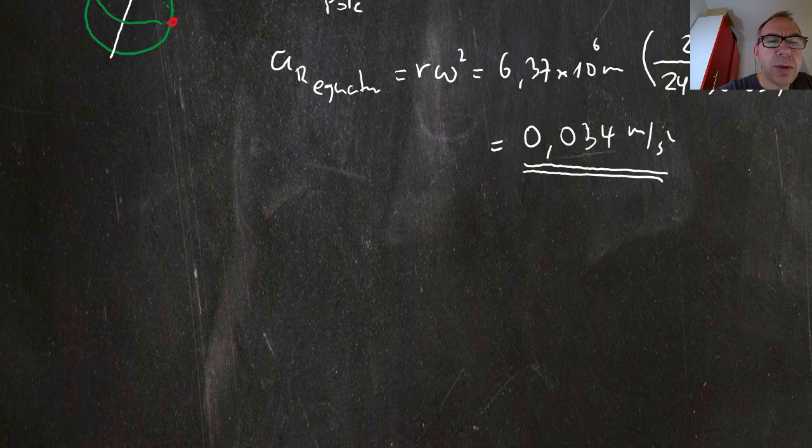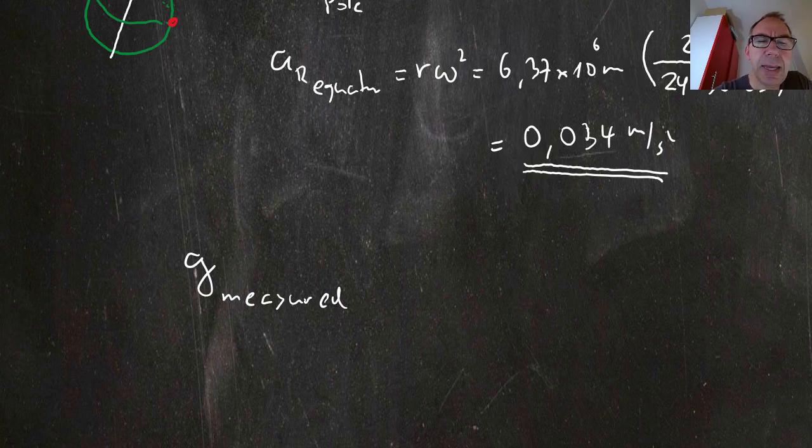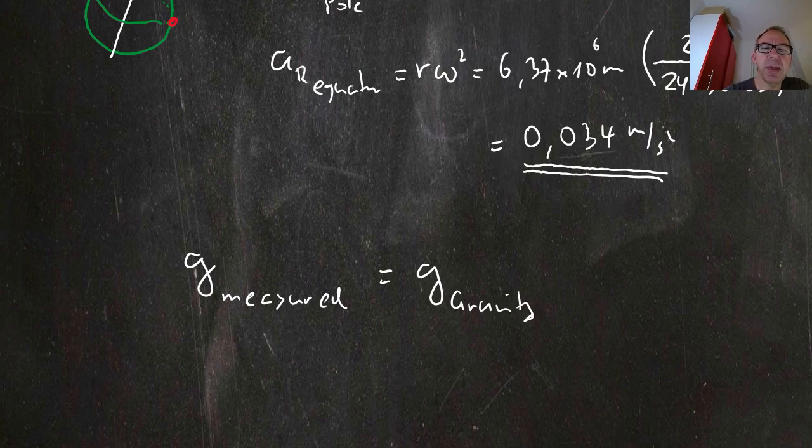We have one g value, which is the one that we have measured, for example, in an experiment using free fall, and this is given by the g that we get out of gravity, really from Newton's law, diminished by the amount of this centripetal acceleration.